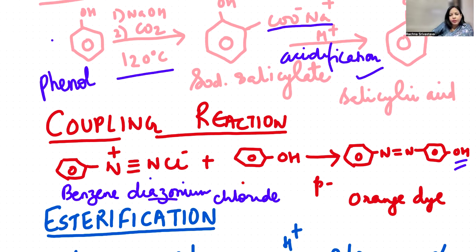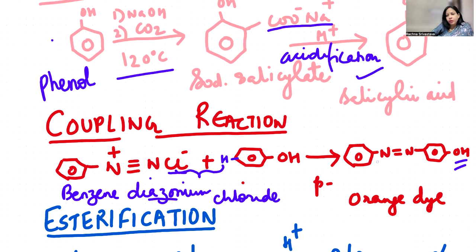Now in this what happens? Your benzene diazonium chloride contains Cl. Your chlorine has the strongest affinity for hydrogen. So from your phenol, the hydrogen at the para position is removed, and HCl is formed as a byproduct. The moment HCl is formed as a byproduct, both benzene diazonium chloride and your phenol couple to form this product.